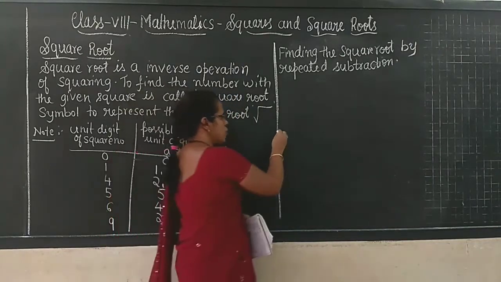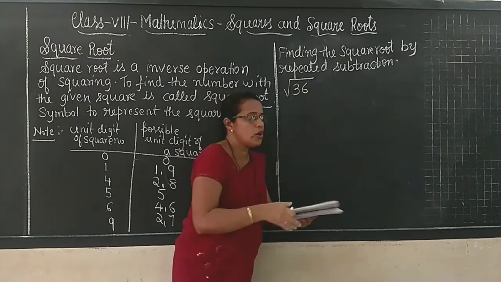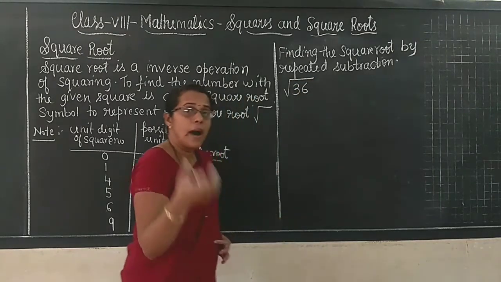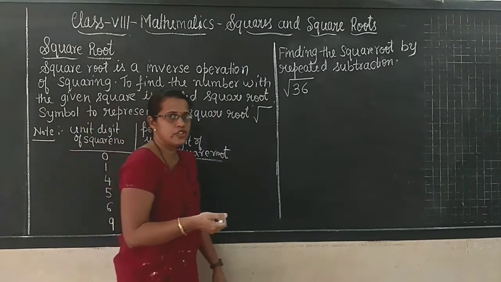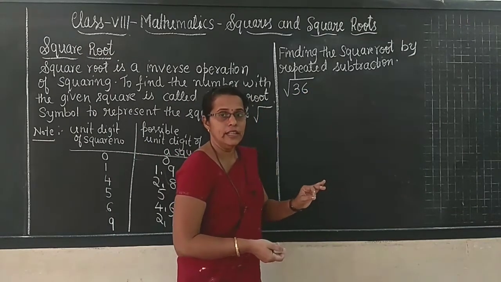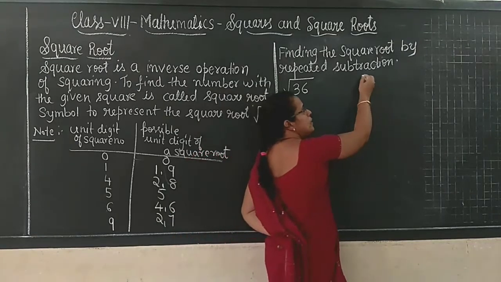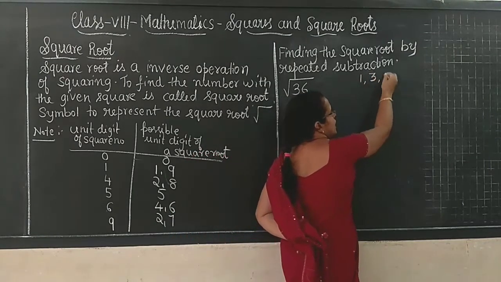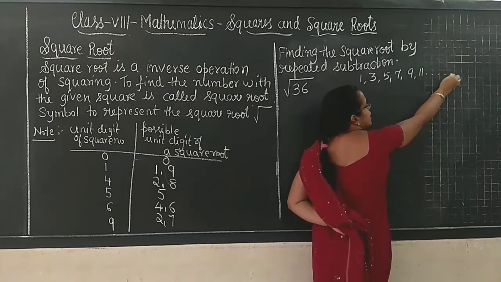So let us find the square root of 36. You know that the square root of 36 is 6. But by repeated subtraction, how to do this? Let us see children. To do repeated subtraction, you need odd numbers. Okay children, so which are the odd numbers? 1, 3, 5, 7, 9, 11, and so on.